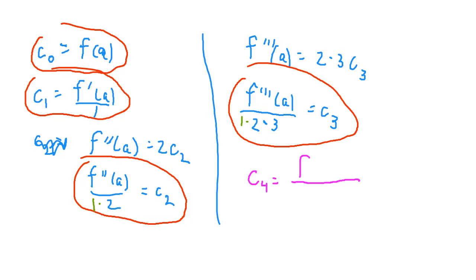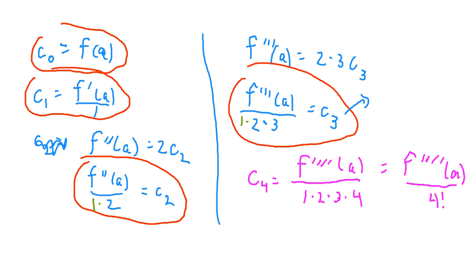That's right. The fourth derivative, evaluated at a, divided by 1 times 2 times 3 times 4. But you'll notice that's just 4 factorial.